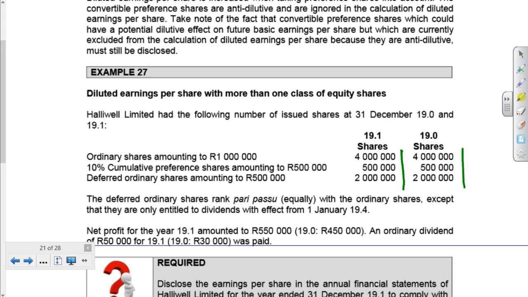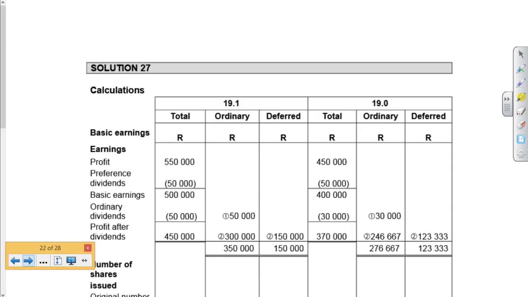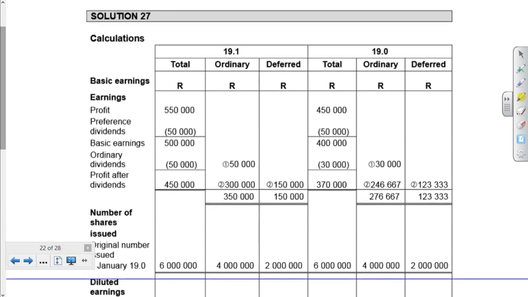All right. Do you remember the calculation that we did when we did participating prefs and we had the 2 columns? This is similar to that. We will have 2 columns. The 2 columns for our basic earnings per share takes my profit, takes off the pref dividend, leaving me with the 500, and then says I will pay 50 of dividends, which only these guys get because those guys aren't getting anything.